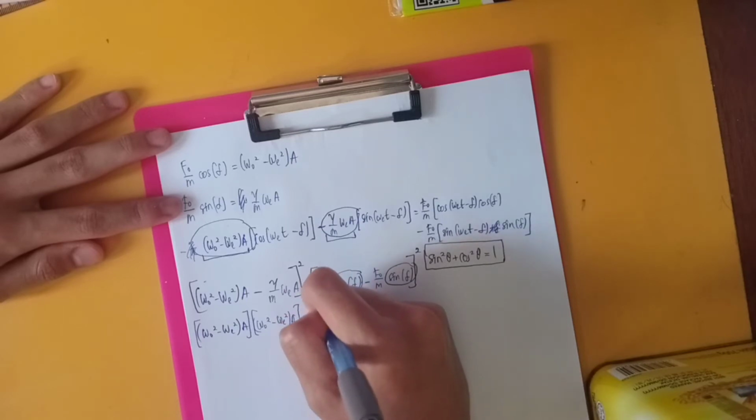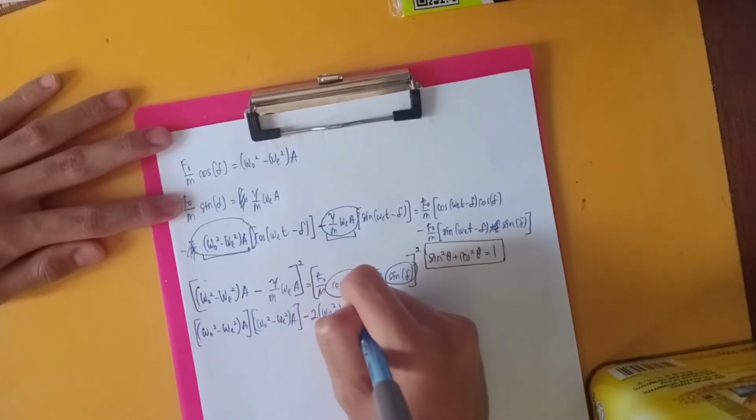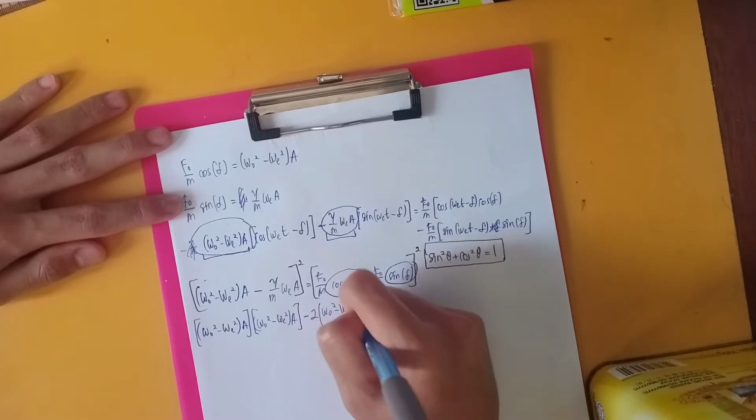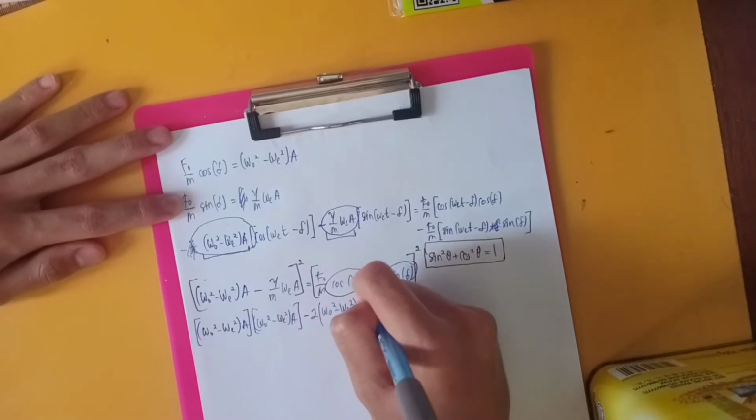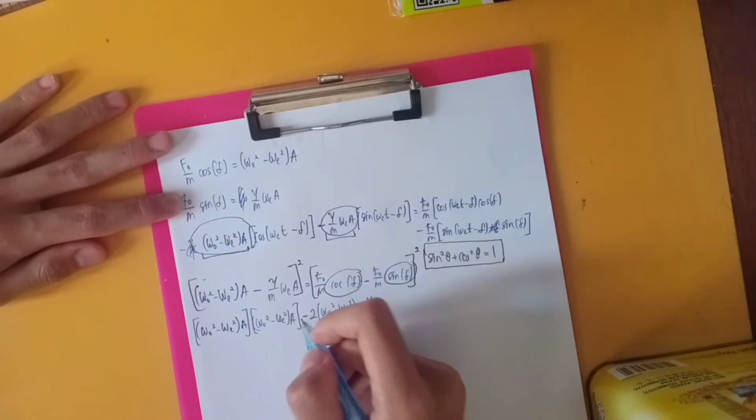This is going to be omega naught square minus omega e square times the A, and then gamma over m omega e, so it should be A square here, right?